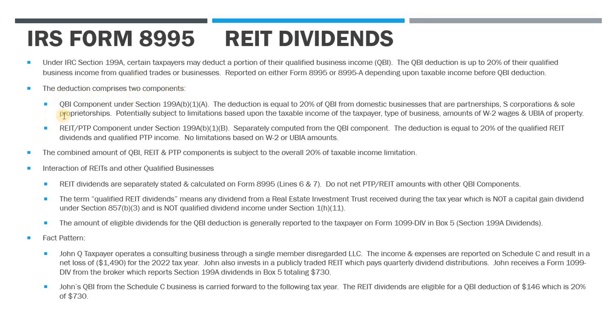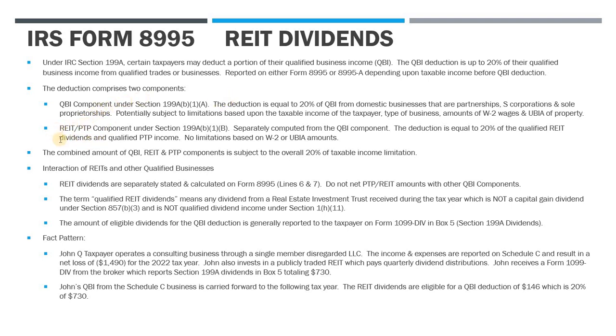The first one is the general QBI component that we're most familiar with, and this is the deduction from income flowing through from domestic businesses. So partnerships, S corporations, sole proprietorships, these types of businesses, if they're qualified businesses, you might be eligible to take the QBI deduction on those amounts.